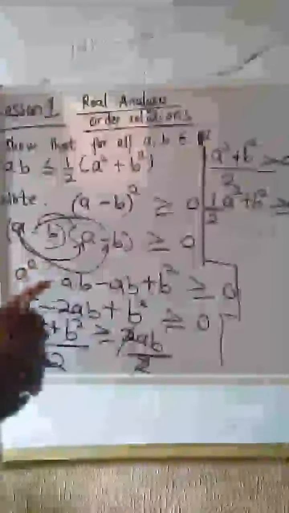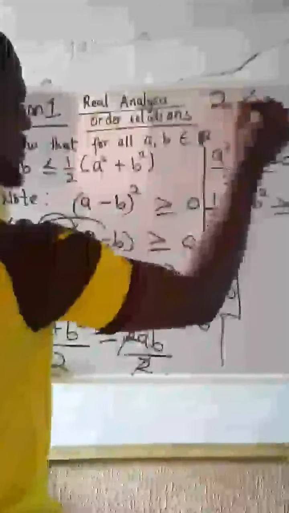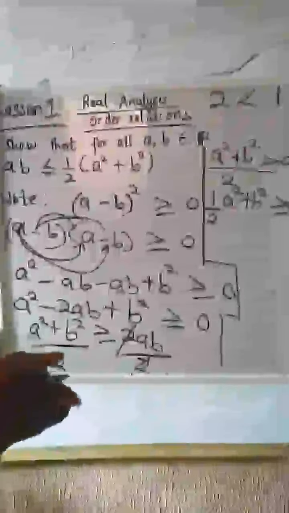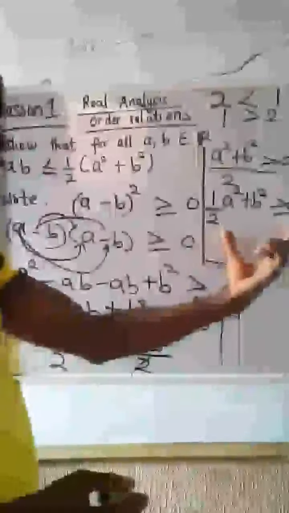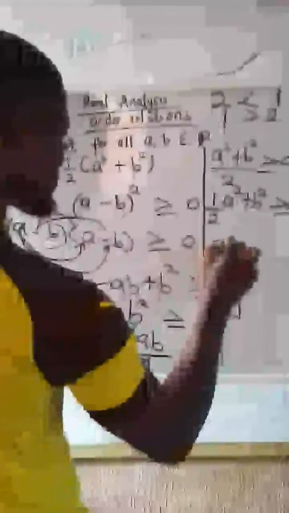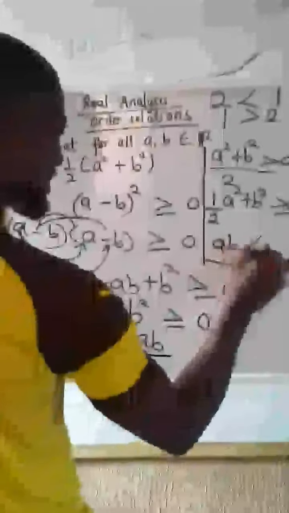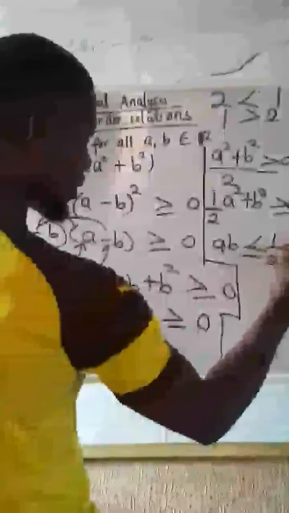Let us use a number. 2 is greater than 1. What does this mean? This means that 1 is less than 2. That is what we are going to employ here. So we can have ab is less than or equal to 1 over 2 (a squared plus b squared).